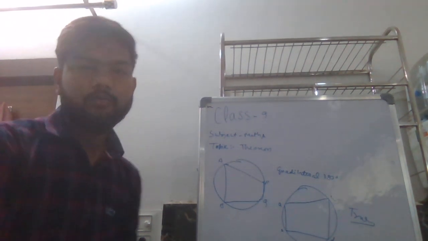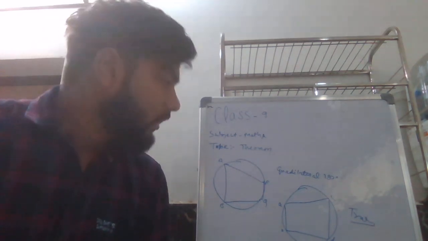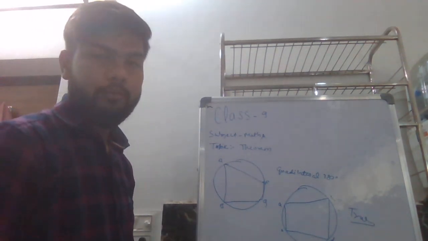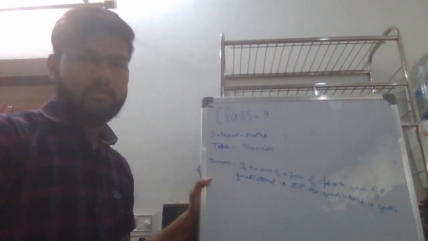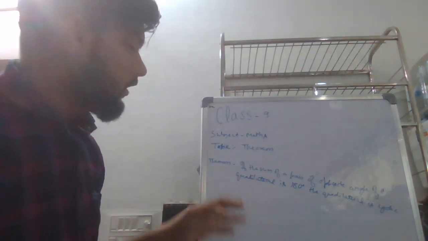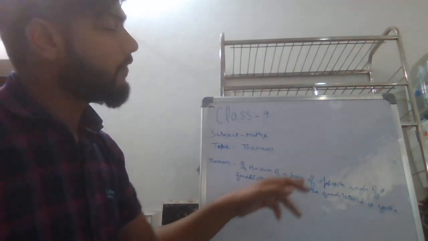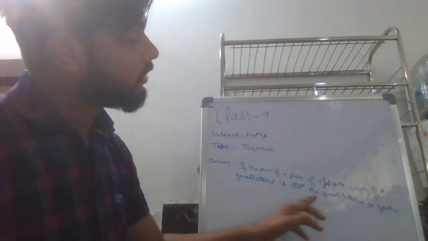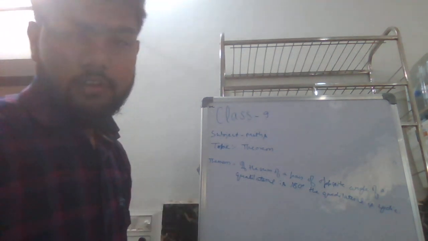Now again I will write one question here, and you have to read this theorem. If the sum of a pair of opposite angles of a quadrilateral is 180 degrees, the quadrilateral is cyclic.